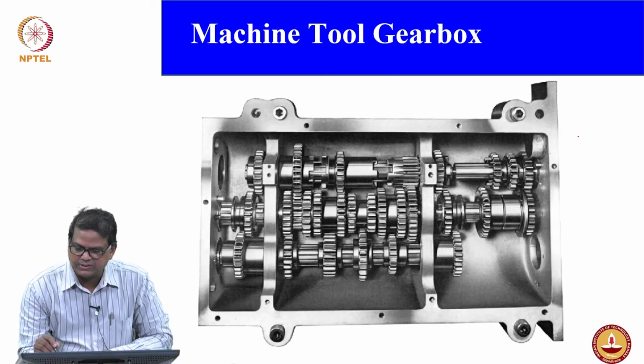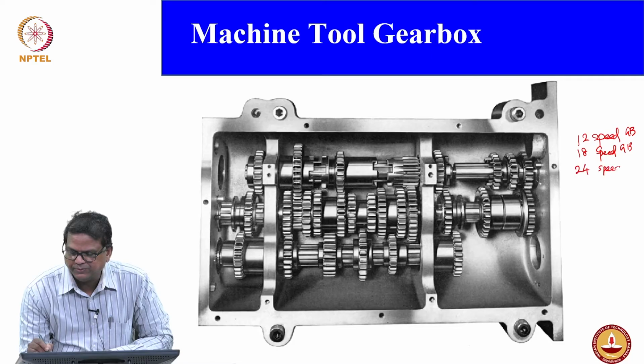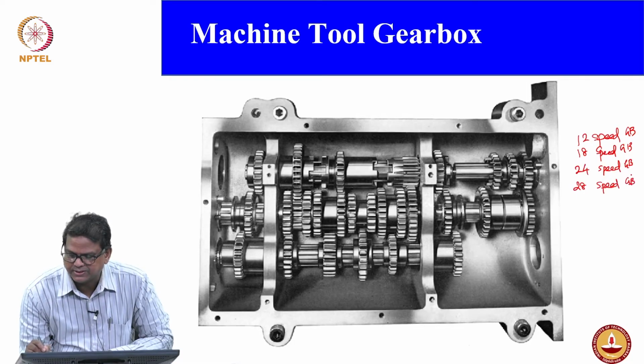You can have a 12 speed, an 18 speed gearbox, where GB is gearbox, and a 24 speed also. The more the precision, the more speeds you can have, 28 and so on. So the gearbox can operate at different speeds.